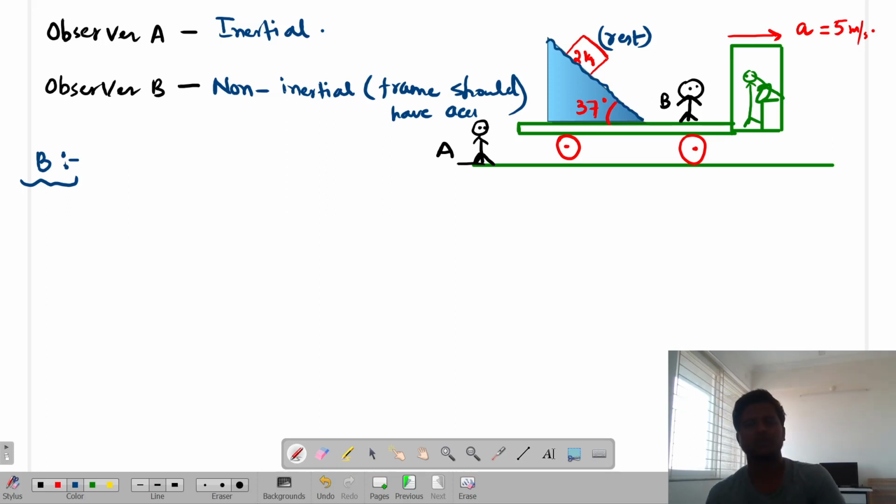If the surface is rough, B will observe that the particle is at rest. So with respect to B, is the block doing any kind of displacement? No.